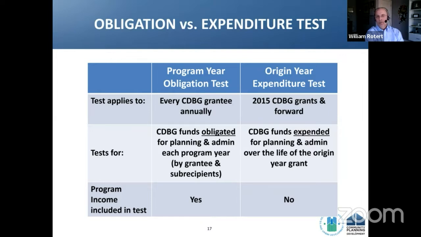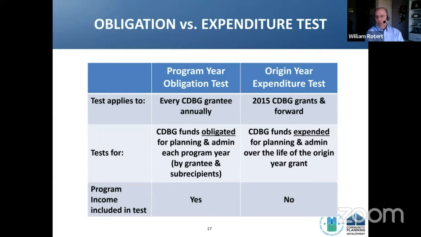And that rule tests for your CDBG funds expended, not obligated, like in the old days, for planning and admin over the life of the origin year's grant. So from beginning to end for each individual grant year. And the big difference here is that program income is not part of that calculation under the current approach, while it was part of the calculation under the previous approach.